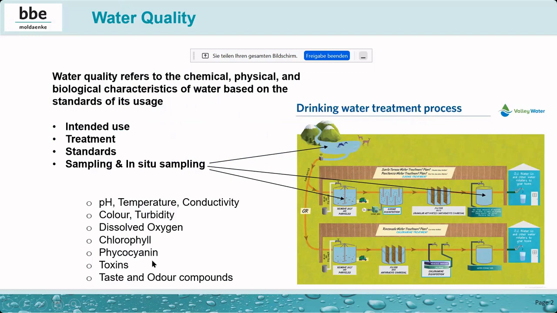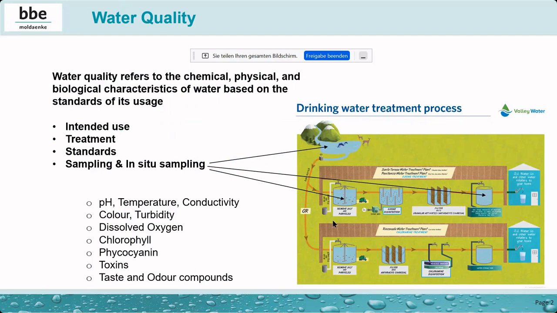And an essential part of the water quality is that the water may also contain some toxins or unwanted taste and odor compounds. So this can happen, that you have some compounds inside the water which are unwanted.